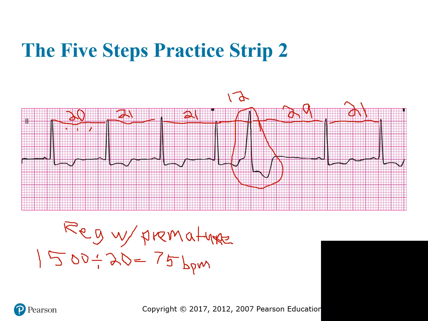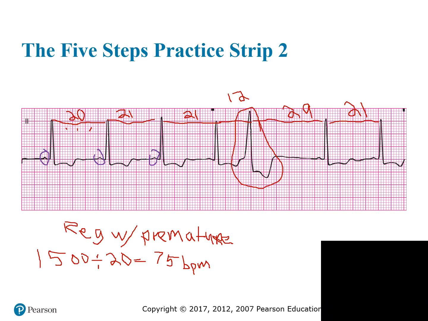All right, so next we have to ask ourselves, are there any P waves? Well, let's see. Let's circle those in purple. Well, there's a P wave here. There's a P wave here. There's a P wave here.